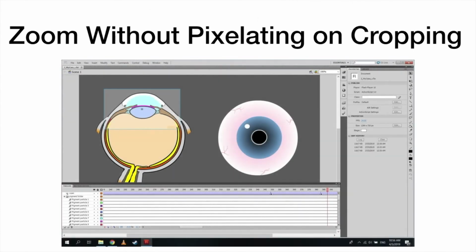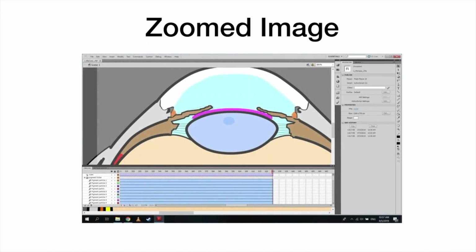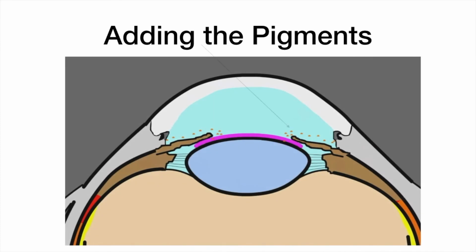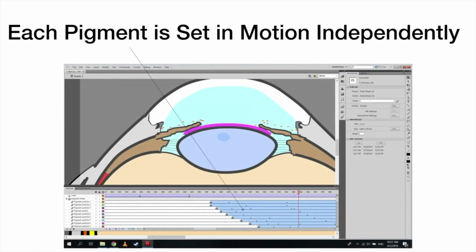The image can either be zoomed or cropped without pixelating, as we have used a vector-based software. Adding the pigments had to be done by setting each pigment in motion independently for the final act.